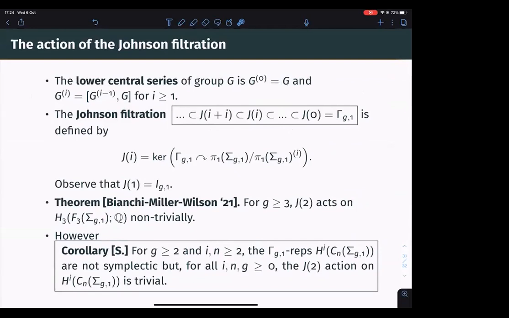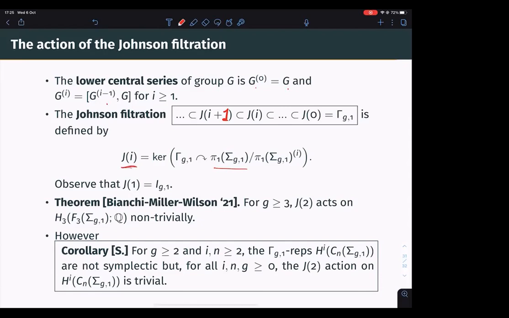Now, there is one last bit to this story. There's not just the Torelli subgroup, there is a whole sequence of subgroups that form the Johnson filtration of the mapping class group. This is defined by taking the lower central series of pi1 of the surface, where G0 is just the group, and then taking commutator subgroups.